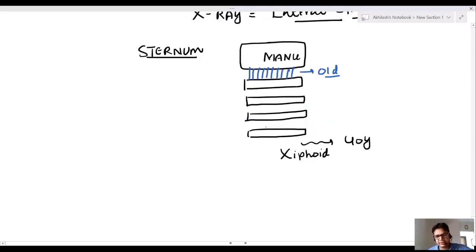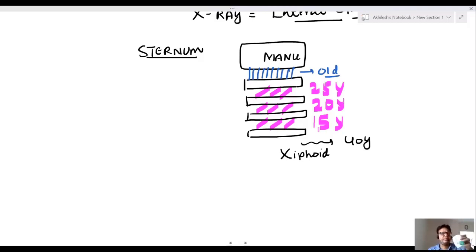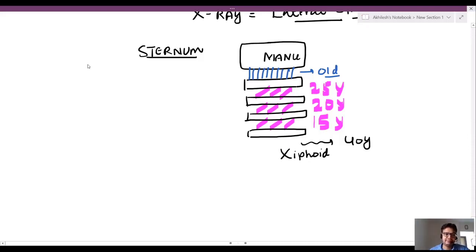Now what about these fusions? You just start with 15, 20, 25 years. Anyway, if you can remember, this is very important. This is sternum.